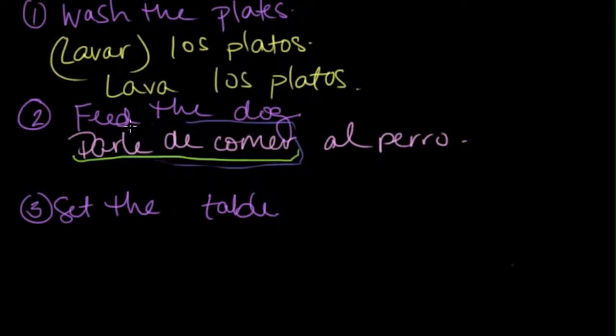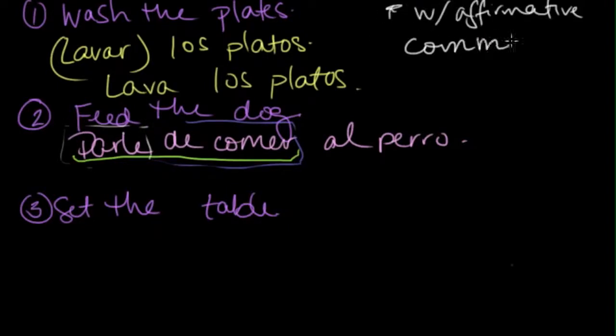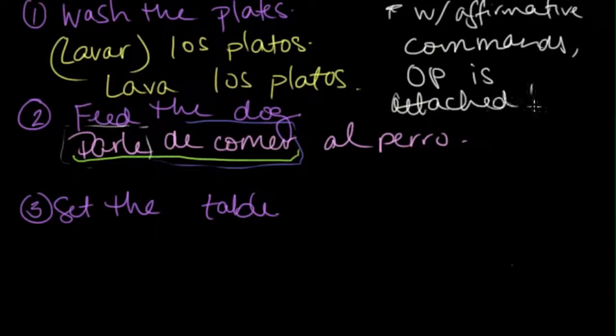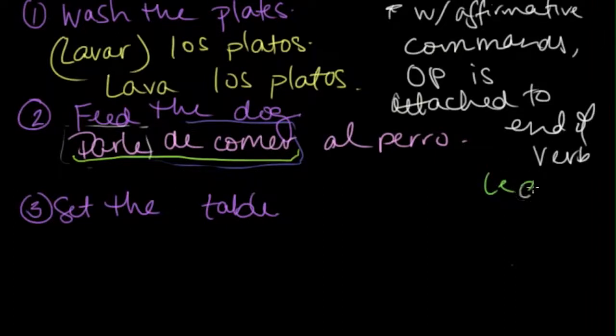So we're really focusing here on the darle part. Now, with affirmative commands, when you have an object pronoun, it is attached to the end of the verb. So you're used to seeing things like le doy de comer al perro, but in this case, we're going to take the él, ella, usted form, da, and attach the le to the end. Dale de comer al perro.